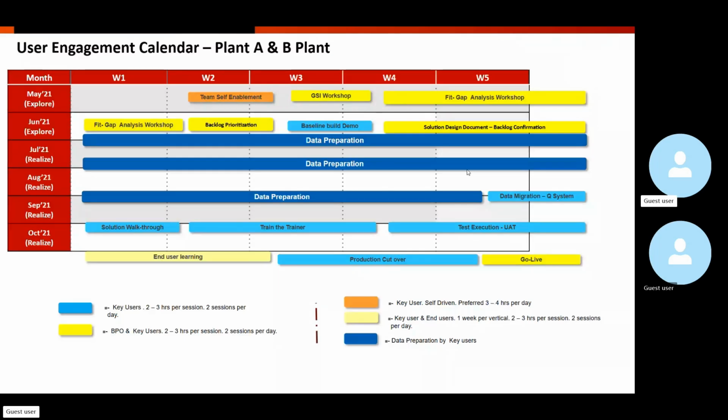Number three is interface inventory, where you prepare whichever third party systems you're going to integrate with. You prepare high level information of what are all the integration scenarios that you're going to do.